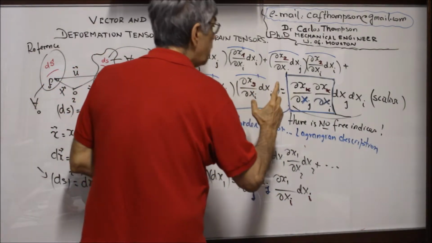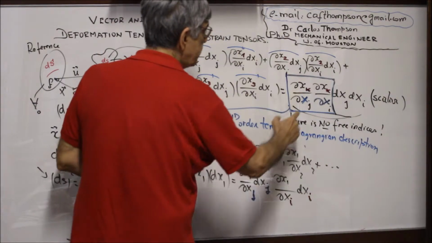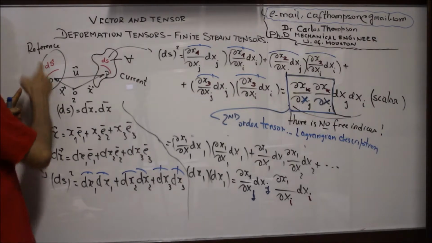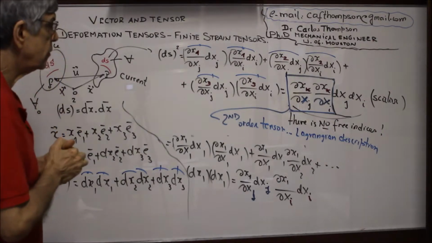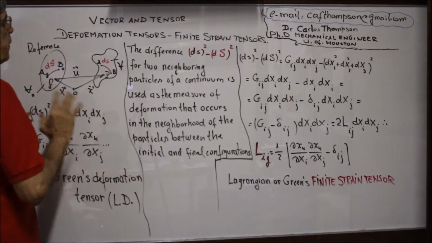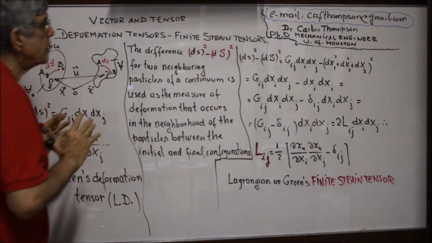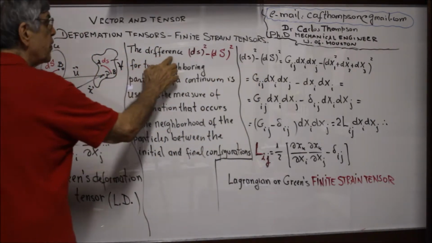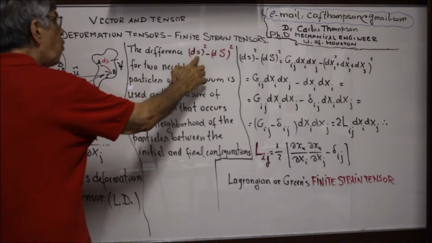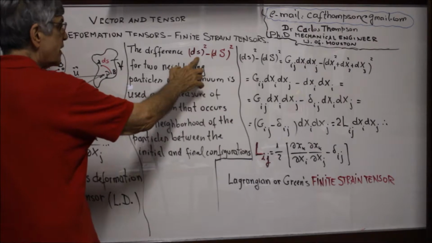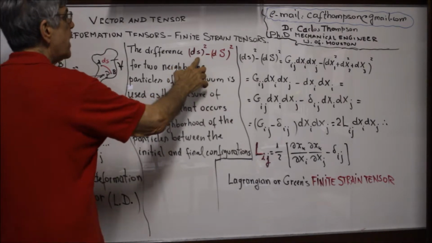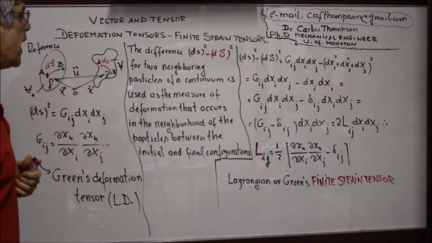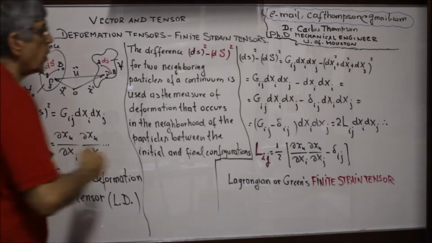Now, in terms of the capital X, because capital X refers to the reference configuration, what we want is not only ds squared, but the difference between the deformed length squared, the magnitude of dx squared, minus the magnitude of the capital dX squared.